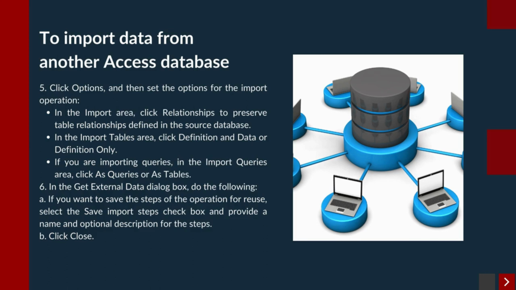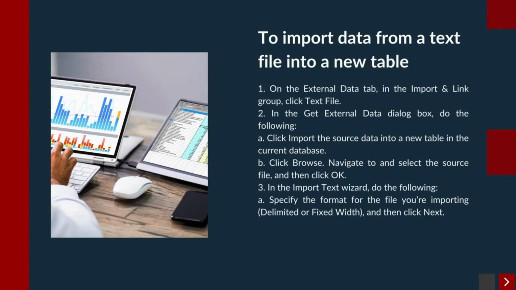6. In the Get External Data dialog box, do the following. A. If you want to save the steps of the operation for reuse, select the Save Import Steps checkbox and provide a name and optional description for the steps. B. Click Close. To import data from a text file into a new table: 1.